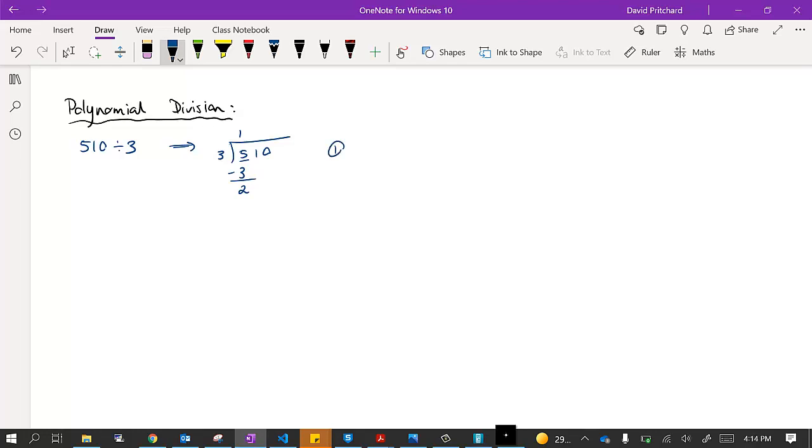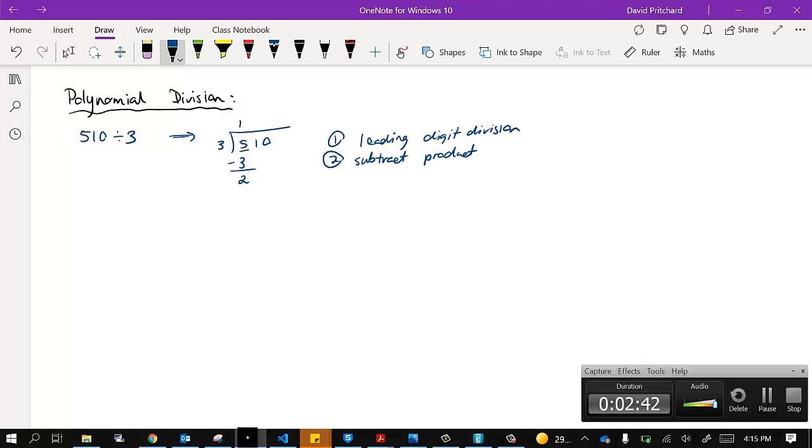So step 1 is always going to be the leading digit division. Step 2 is subtract the product of the quotient and the divisor. Step 3 is bring down the next digit, and then step 4 is repeat. We keep on repeating until there's no possible divisions remaining.